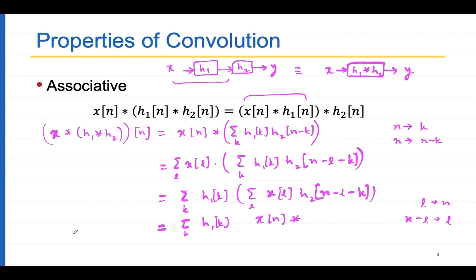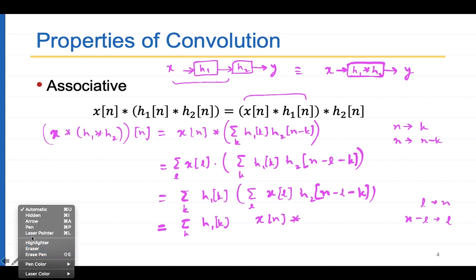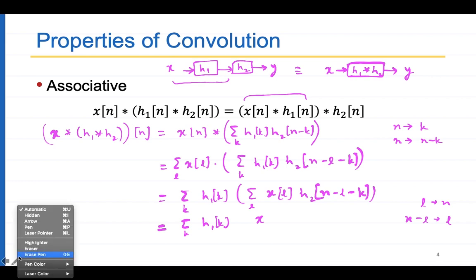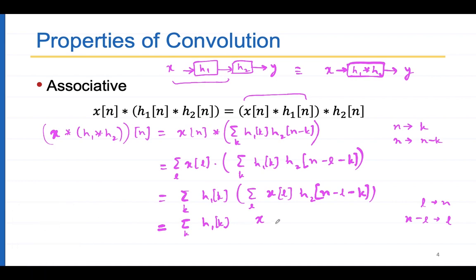So this becomes x convolved with h2, at, so in this case n is n minus k, right?